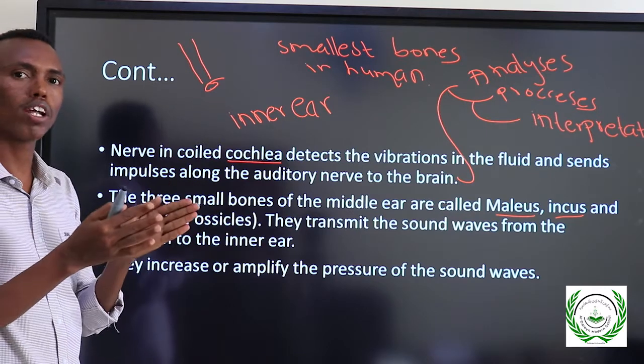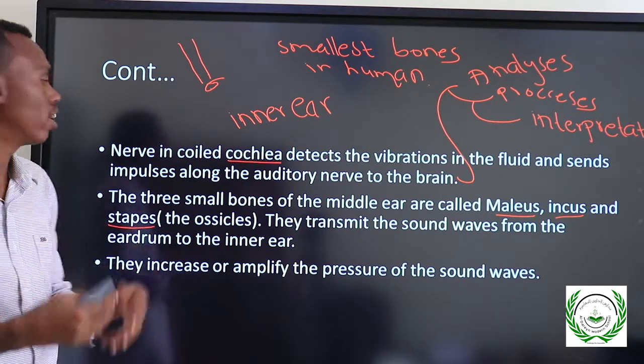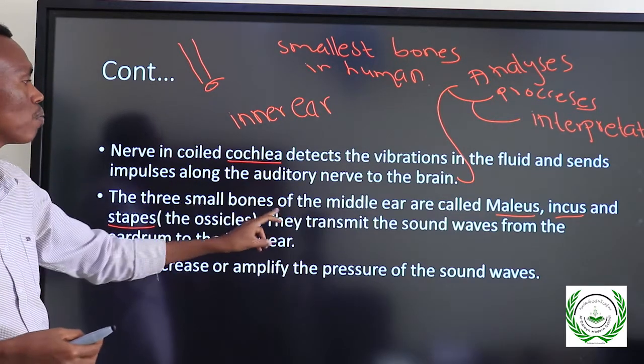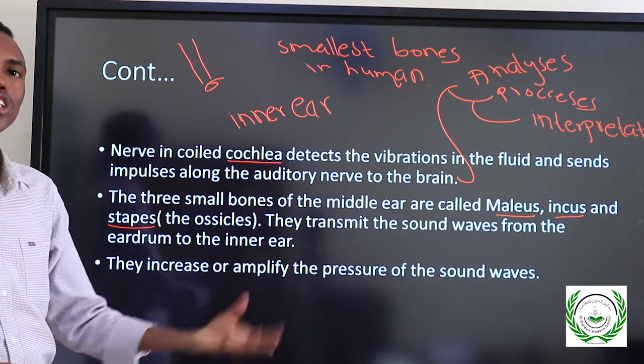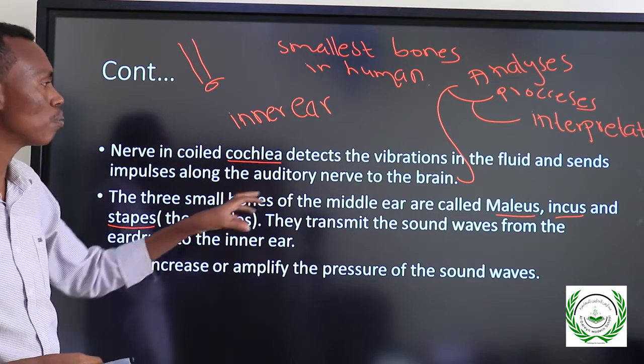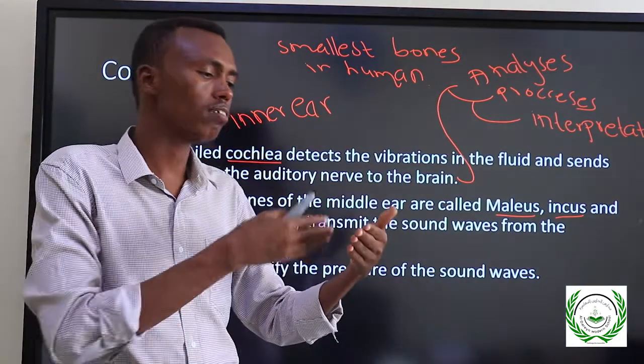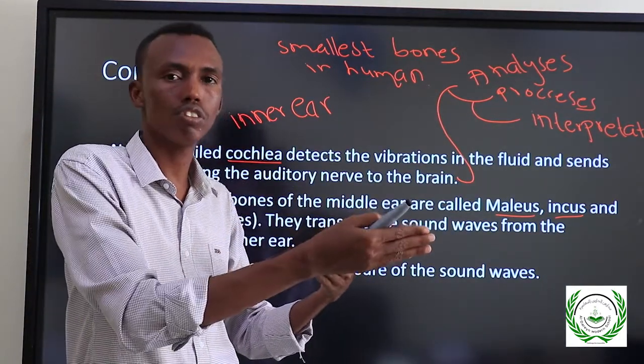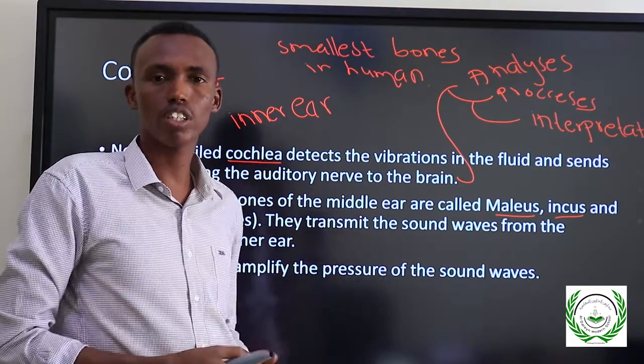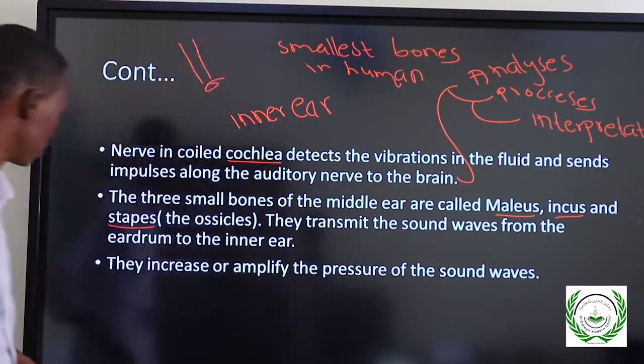The smaller the volume, the higher the pressure. Because the cochlea contains liquid, whenever the sound waves pass through the liquid, they increase the pressure.